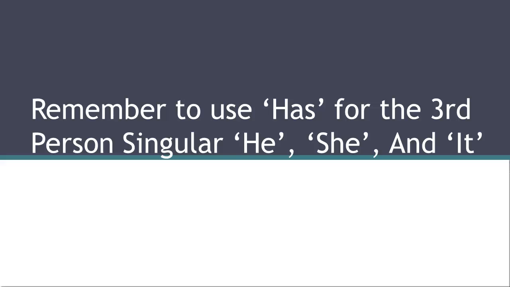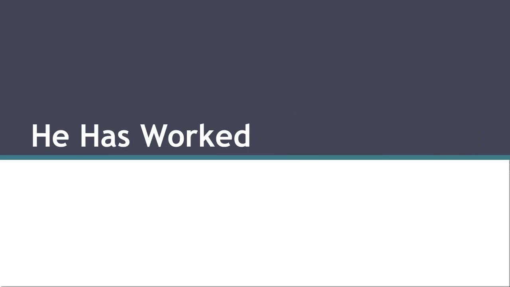So continuing on with the present perfect, just remember that we use has instead of have for the third person singular he, she, and it. So using the same examples you saw before, using the present perfect in the third person singular, we would say he has worked, he has lived.